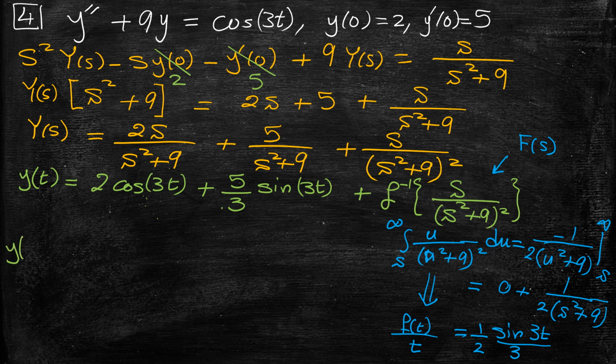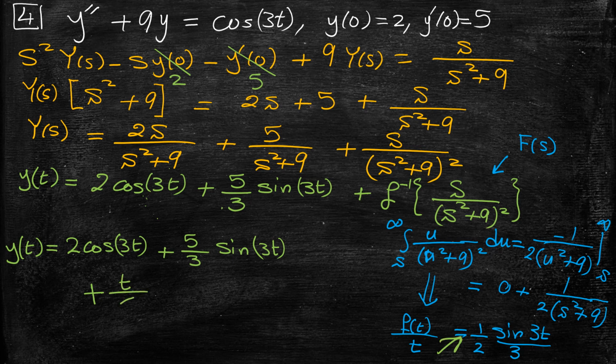This means our final solution will be 2 cosine 3t plus 5 over 3 sine 3t plus this term here multiplied by t. It will be t over 6 sine 3t. And this is our solution.